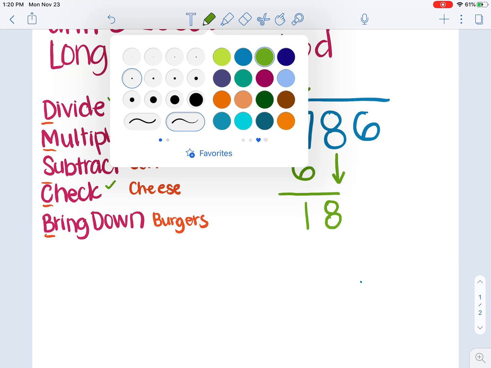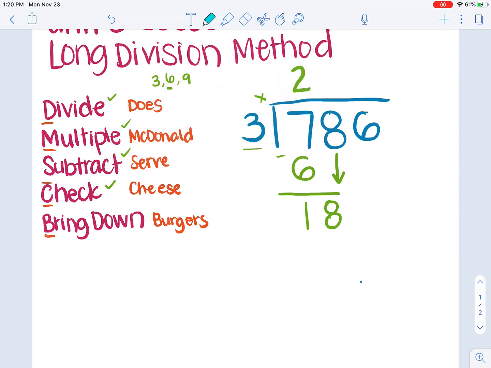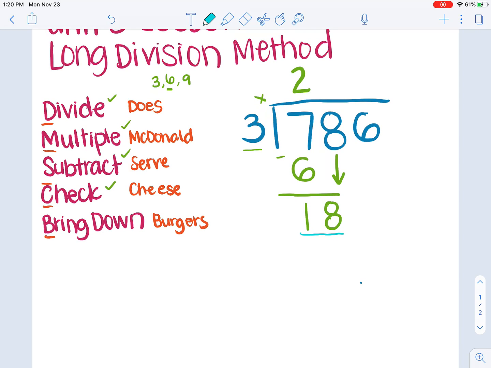Now let's start our process over again. This time I'm asking 18 divided by 3. 3 times what is 18 without going over? Well, 3 times 6 is 18 evenly, right? So we'll put the 6 up on the top.